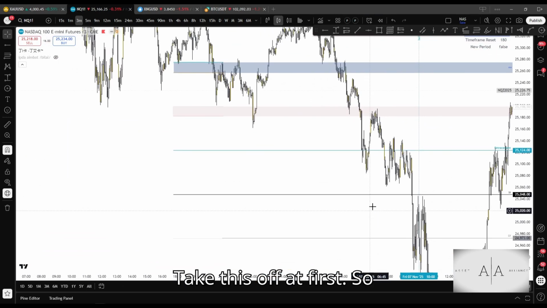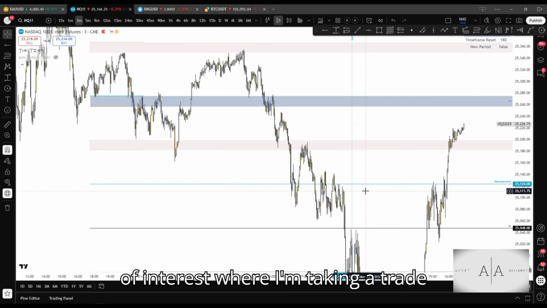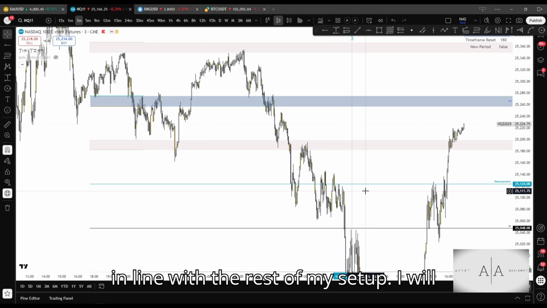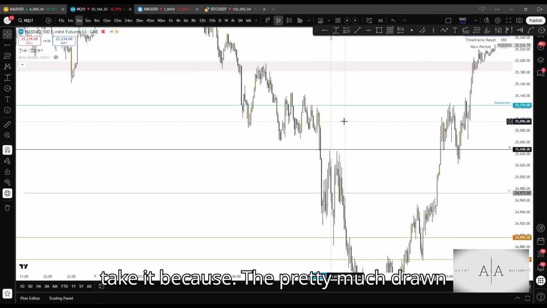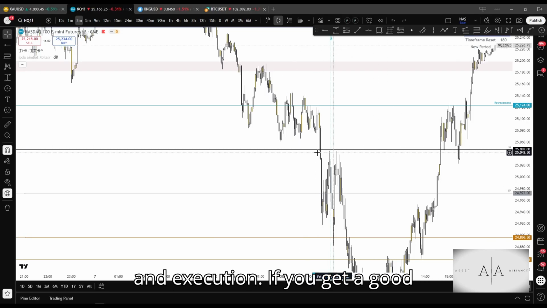Take this off at first. So these are my draw-ons / average areas of interest where I'm taking a trade, and if the OSTDV level is in line with the rest of my setup, I will take it, because pretty much the draw-on is the important part, right? So draw-on and execution.